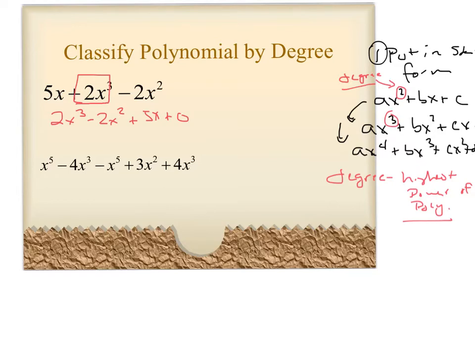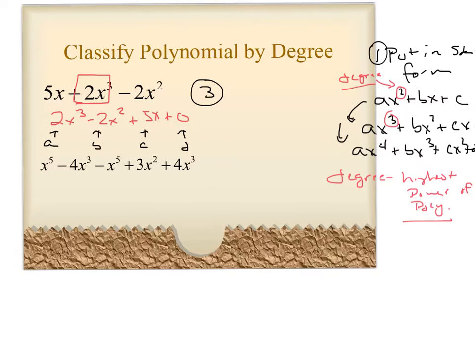I'm putting in the 0 because it's a cubic power. This guy right here is A, this guy would be B, this guy would be C, and this guy would be D. And that's in standard form. The degree of the polynomial is 3. It's a third degree polynomial.